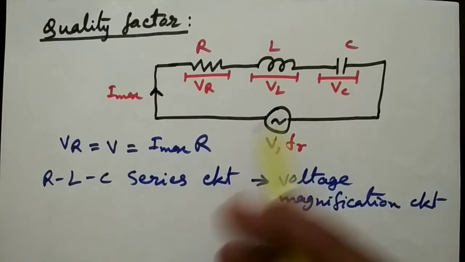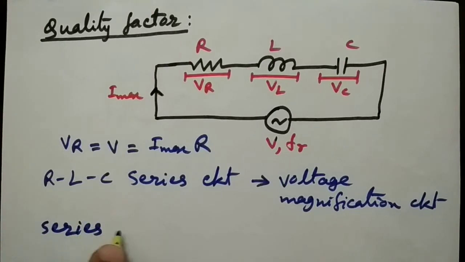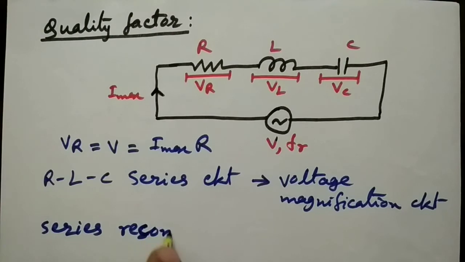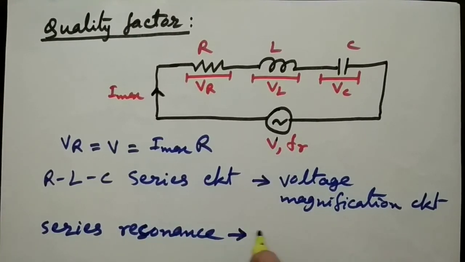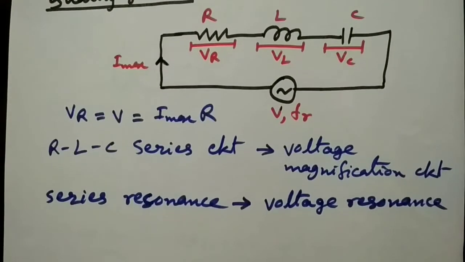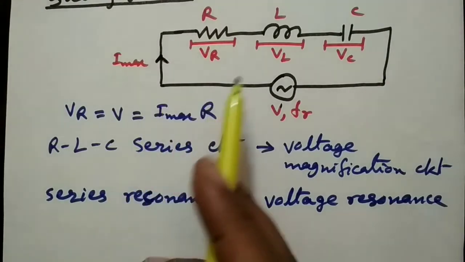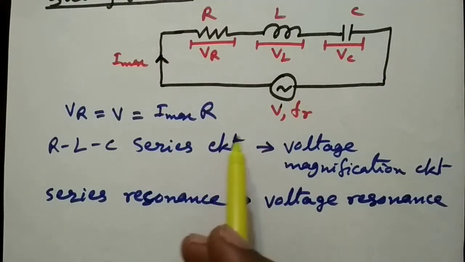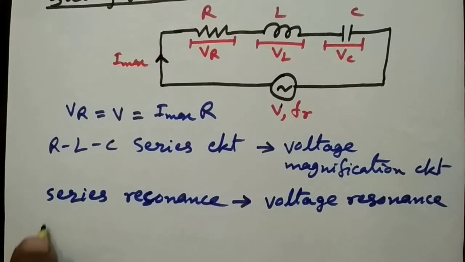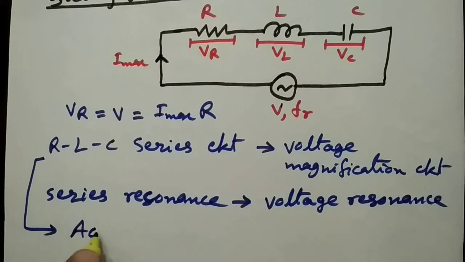And as the voltage is magnified here, the series resonance is also called voltage resonance. And one point is, as the maximum current is allowed to flow through the circuit during resonance, this circuit is also called the acceptor circuit. So the RLC series circuit is also called the acceptor circuit.